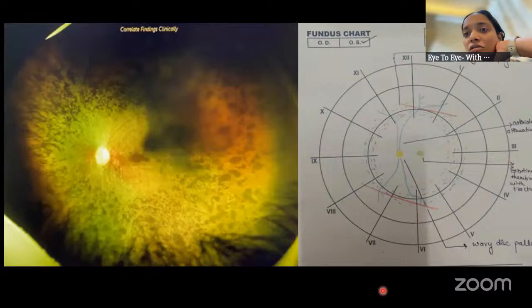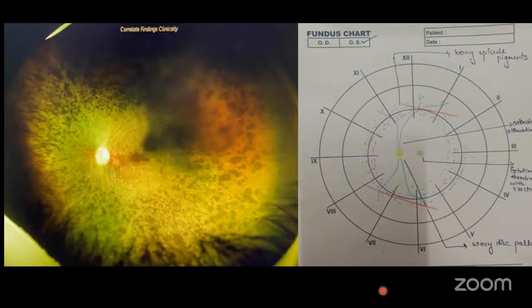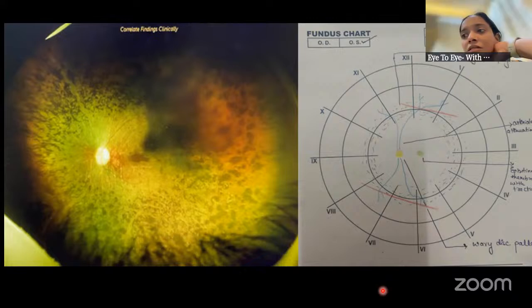Okay. So then coming to the fovea, the fovea should be in line with your 12 o'clock meridian. It is slightly off center. And you don't have to mark the ora because you have not indented.